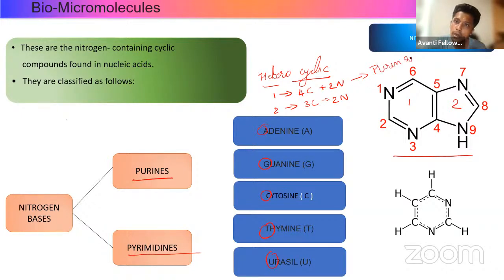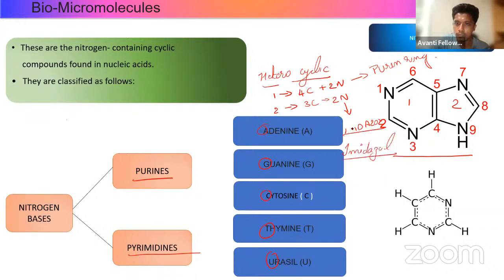Whereas your second ring, made up of 3 carbon atoms and 2 nitrogen atoms, is called the imidazole ring. I'll write it again here: imidazole.